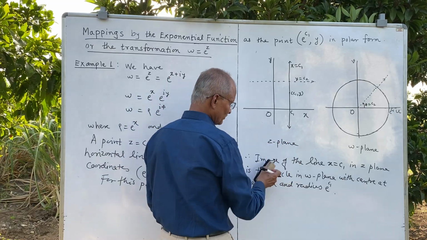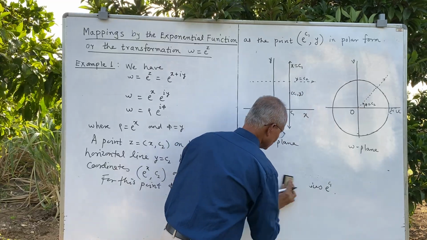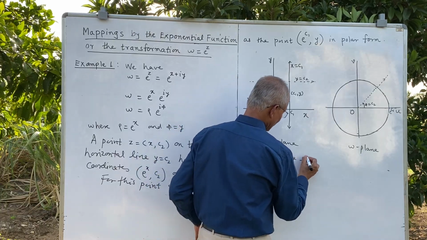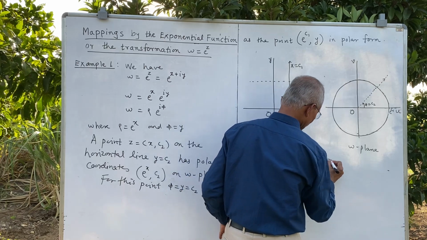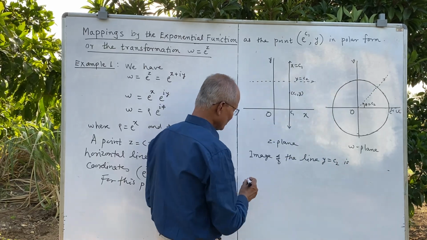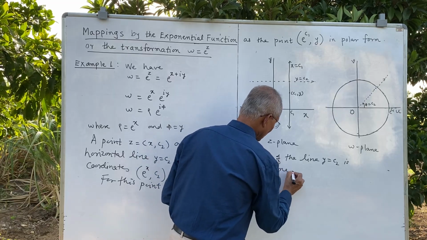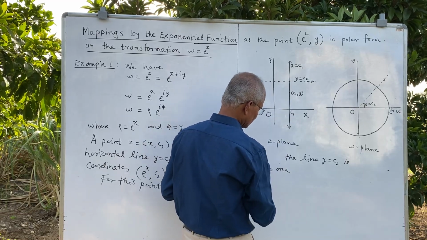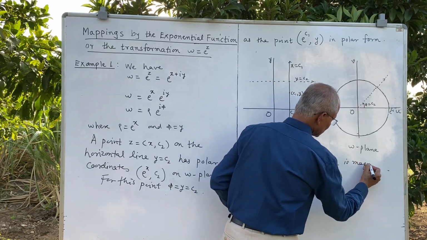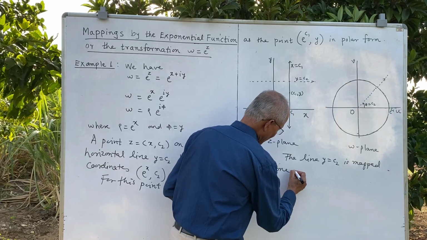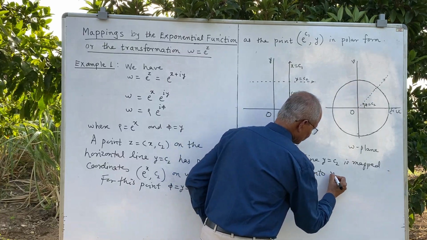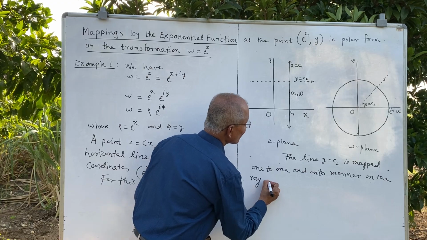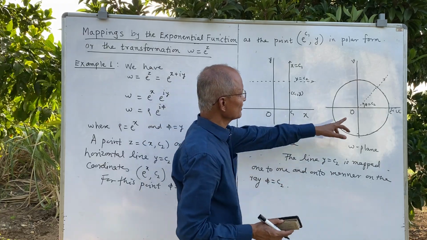So therefore the image of the line, that means the line y is equal to C2, is mapped or transformed in a 1 to 1 and onto manner on the ray phi is equal to C2, starting from the origin.